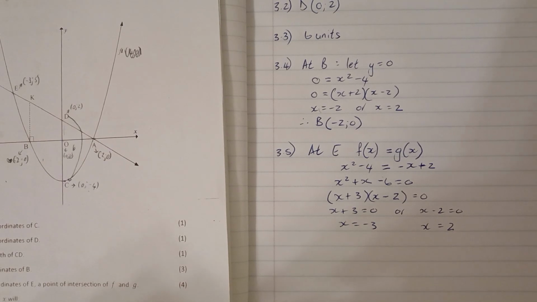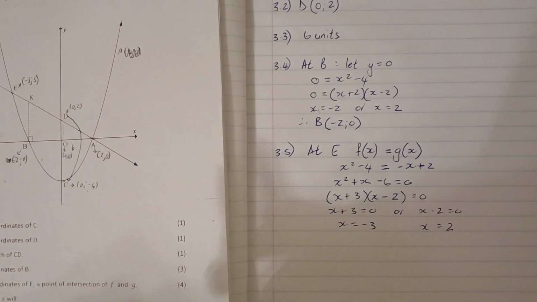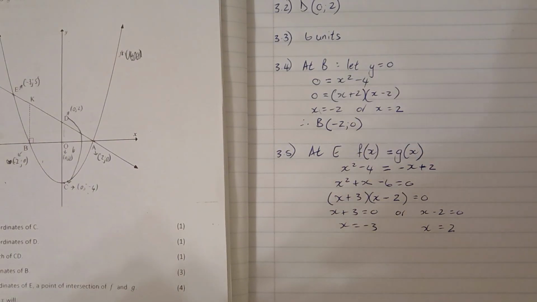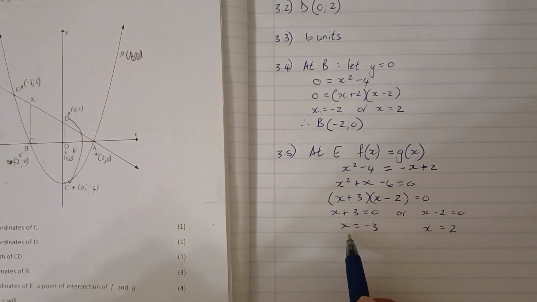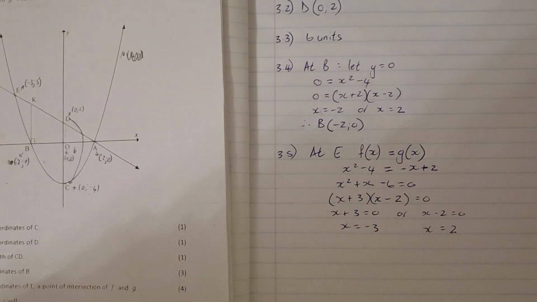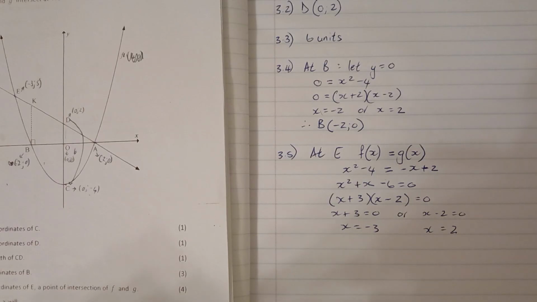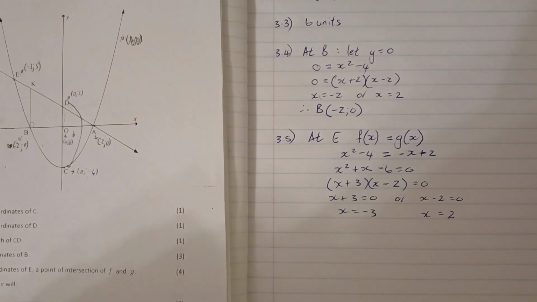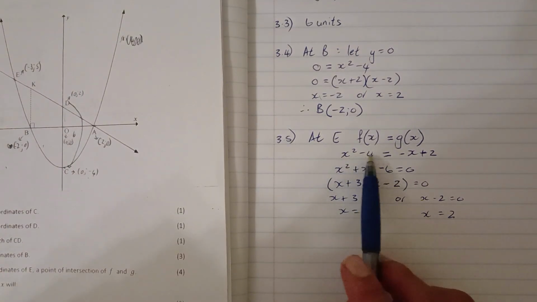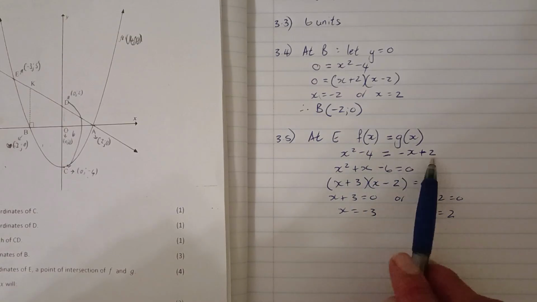Okay, so they want the coordinates of E again. E is on the left hand side of the y-axis, so the x coordinate will be negative, so the negative 3 is the x coordinate of E. Now we still need to find the y coordinate. So this negative 3, I can go back and substitute either into fx or gx.